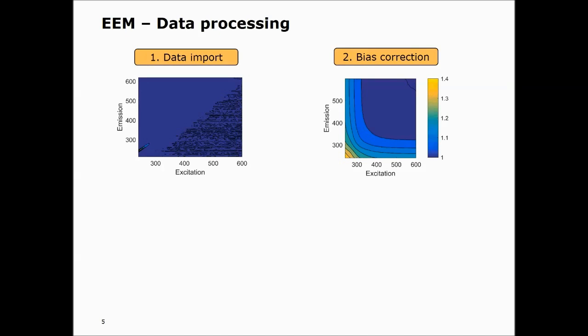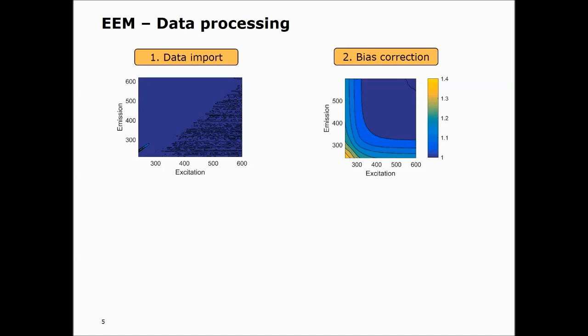Here you can see a contour plot of the calculated inner filter effect based on the absorbance. So it's quite useful to have an instrument like the Aqualog that collects simultaneously the emission excitation matrices as well as the absorbance spectra in the same instrument at the same time.